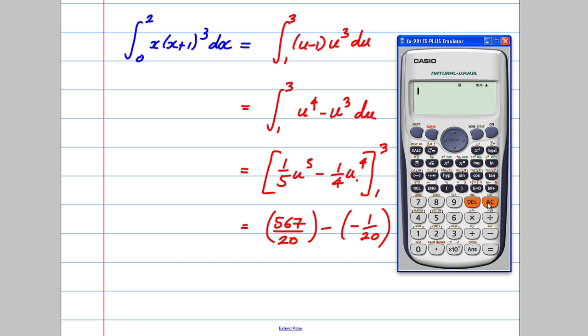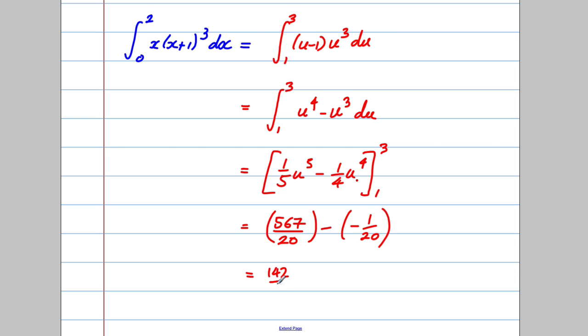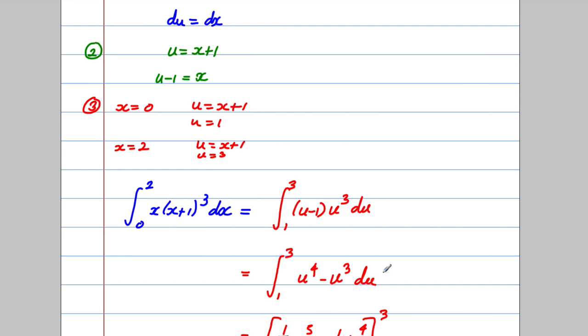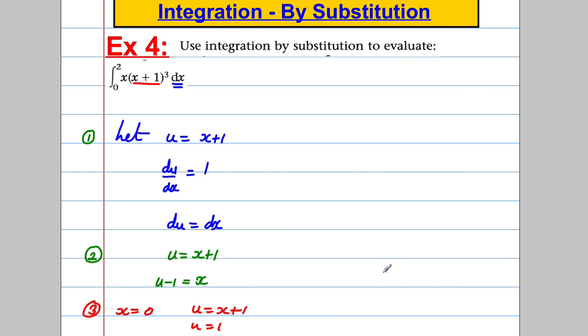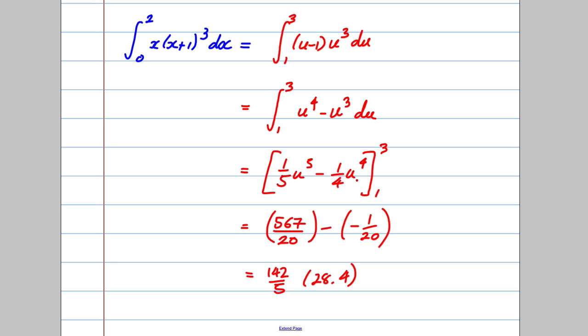So then I'm going to say 567 over 20, and I'm subtracting negative that, so it's like adding 1/20th, and I get 142 over 5. And 142 over 5 is 28.4, so I get 142 over 5, or 28.4, like that. And that was integration by substitution and changing the limits.